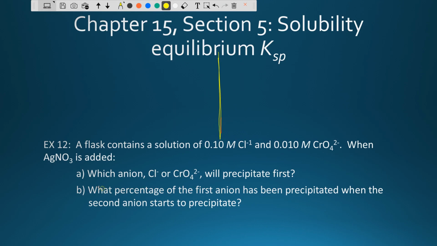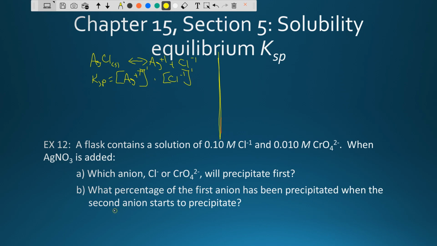Let's go two separate equations going on. I'm going to have silver chloride, that's going to be my solid. That's going to dissociate into my silver ion as well as my chloride ion. So my Ksp on this side is going to be 1 silver times 1 chloride.